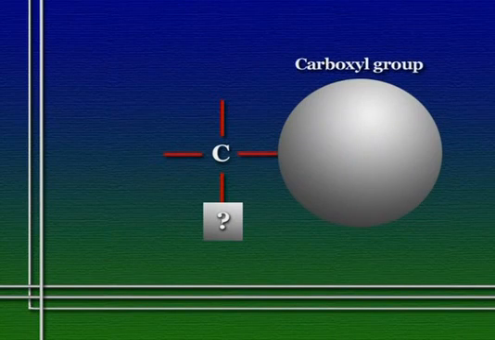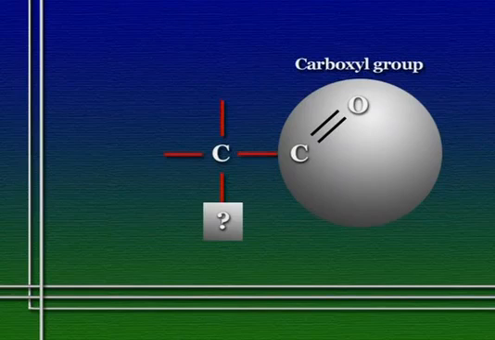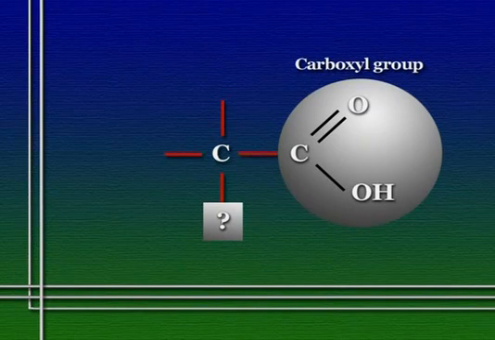Now, a carboxyl group is just a chemical group that has its own carbon atom attached to one oxygen. It actually has a double attachment, a double bond to this oxygen, and then to another group called a hydroxyl group, which is an oxygen bonded to a hydrogen atom.